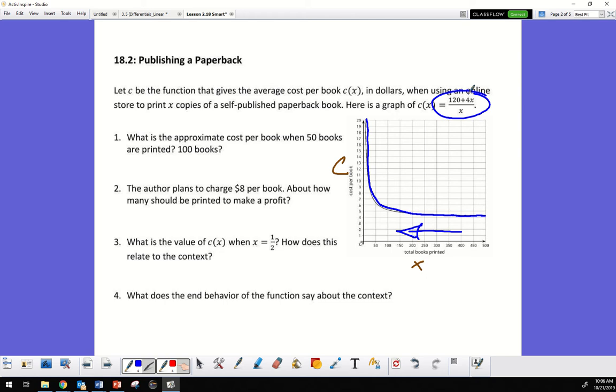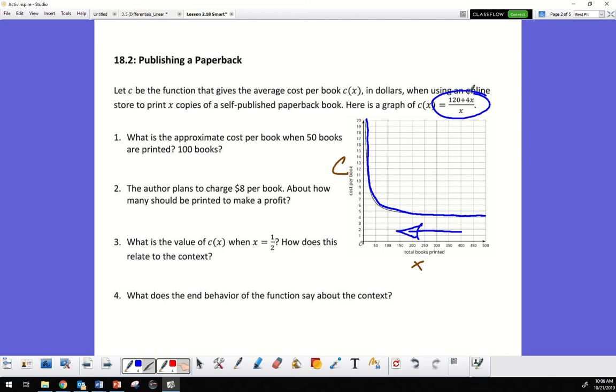So now, if you're trying to print your own book, let's say, for instance, you decide, hey, I had to write a story for English, and it's just that good, I'm going to publish it myself. Okay? This is what it actually looks like. So a couple of different companies, Amazon does it, and a couple of things you could actually find online to publish yourself. So what you could do is, you put in the amount of books.